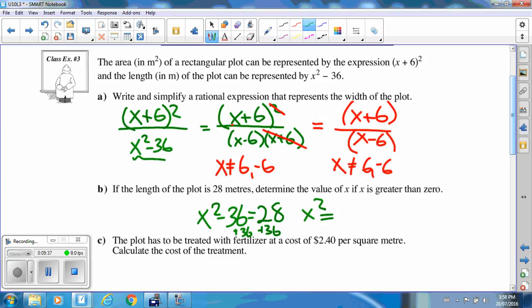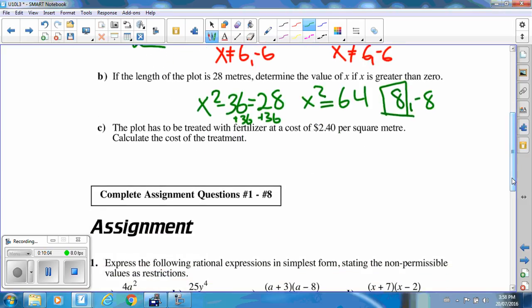Why can't I do that in my head? 36 plus 36 would be 72, minus 8, 64. Ha! Look at me go. It's almost like I know what I'm doing. And now if I square root that, I get 8 and negative 8. But it has to be the positive value, so it's just going to be x equals 8.